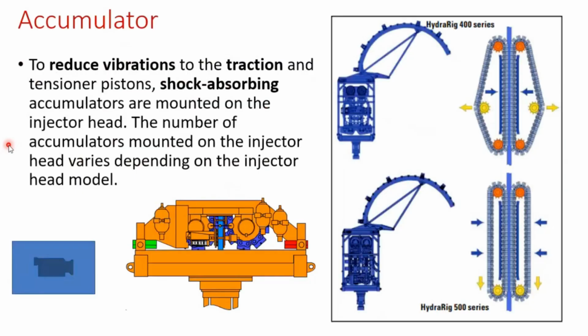There is what is called the accumulator. The accumulator is located on the bottom of the injector. If we take this portion here, these cylinders are the accumulators. We will talk about accumulators in detail in the hydraulic circuits, but to imagine the operation, the hydraulic circuit needs stabilization or shock absorbing to keep a steady pressure in the hydraulic system.